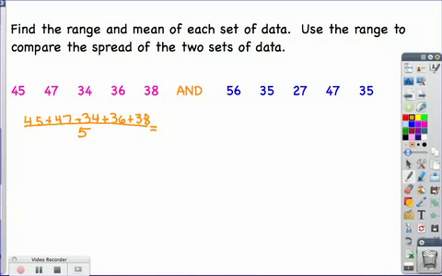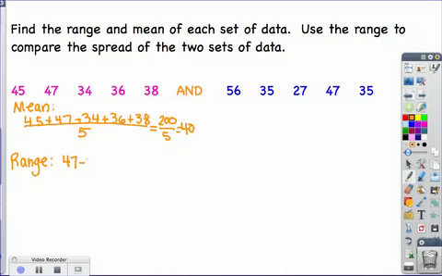And we get 40. The range, which is biggest minus smallest, would be 47 minus 34, which equals 13.